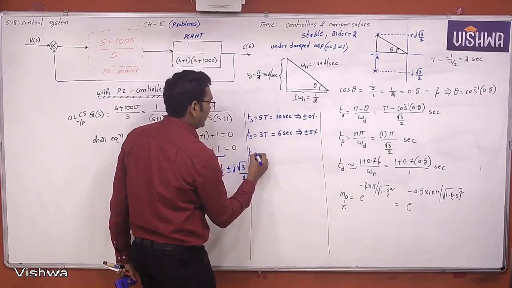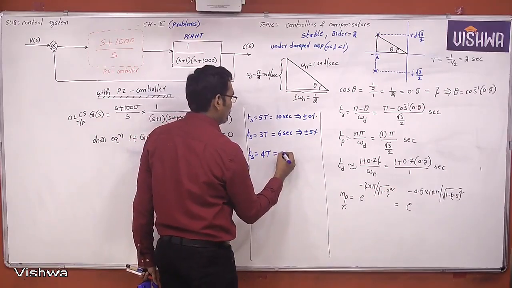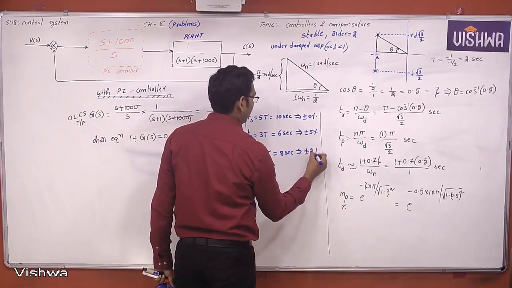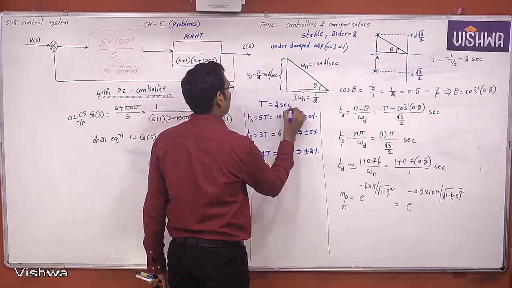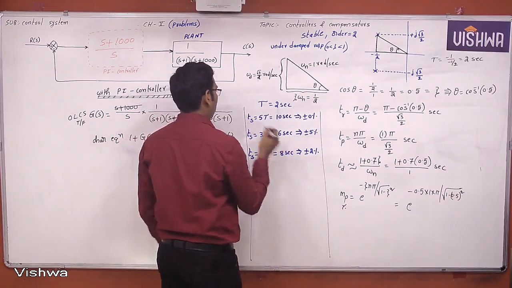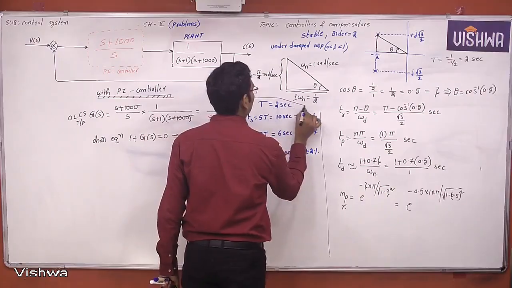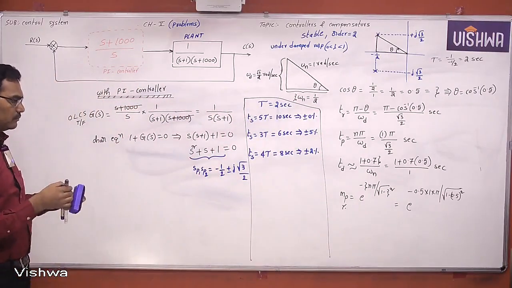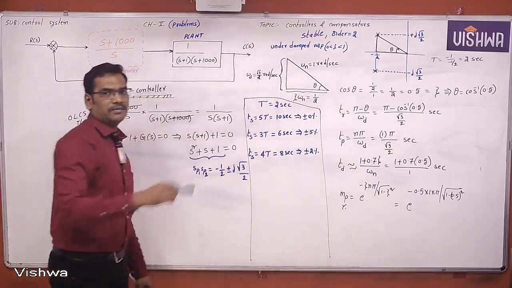The settling time Ts is equal to 4 time constants, 4 into 2, 8 seconds for 2% error, because the time constant here is 2 seconds. This is the settling time, peak time, rise time, delay time, peak overshoot, all the time domain specifications available.